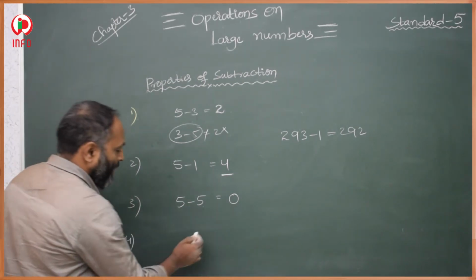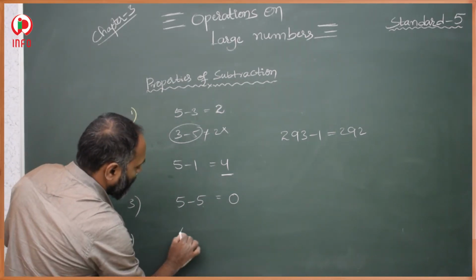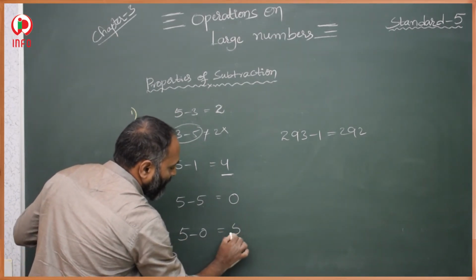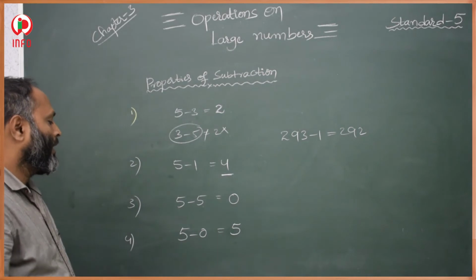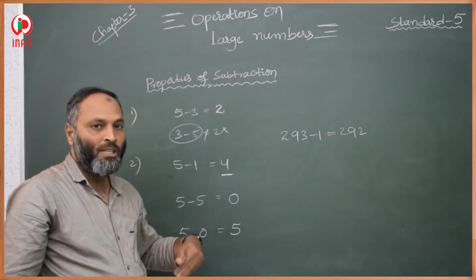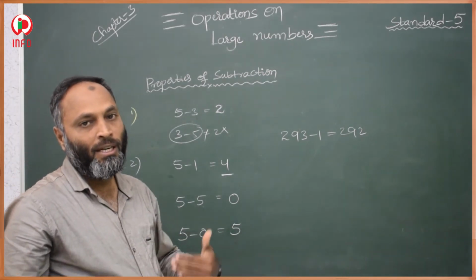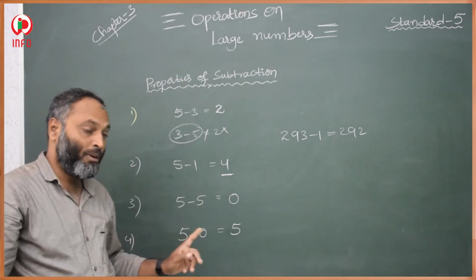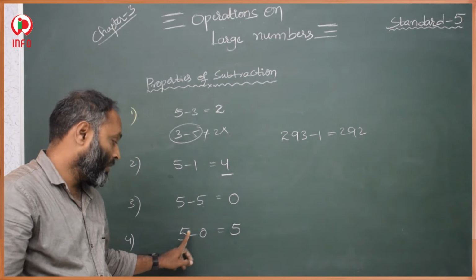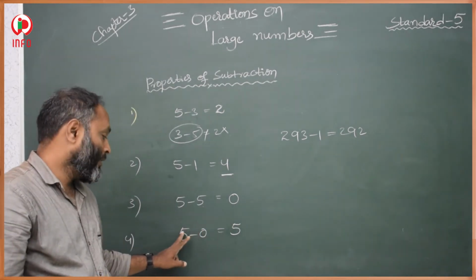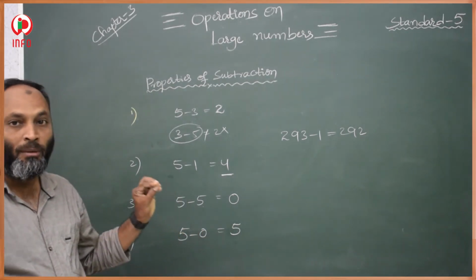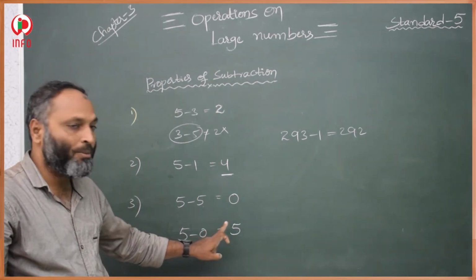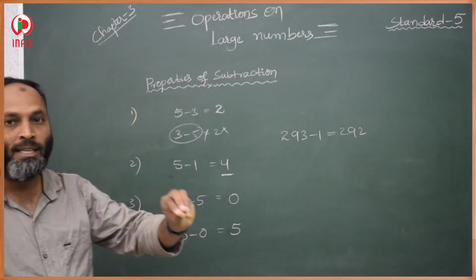And the fourth property: 5 minus 0 is 5. From any number, if 0 is subtracted, then we will get the same answer. Here remember, this is the minuend, this is the subtrahend. The minuend is bigger. From any number, if 0 is subtracted, we get the same number.